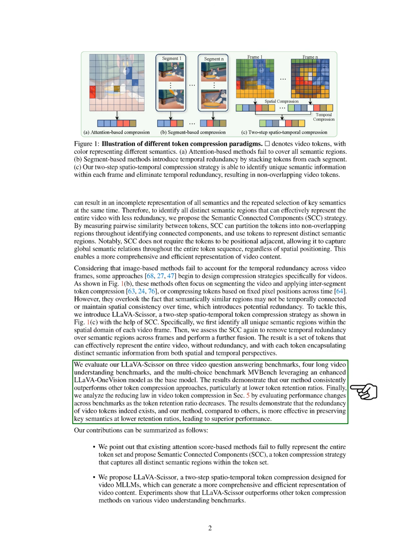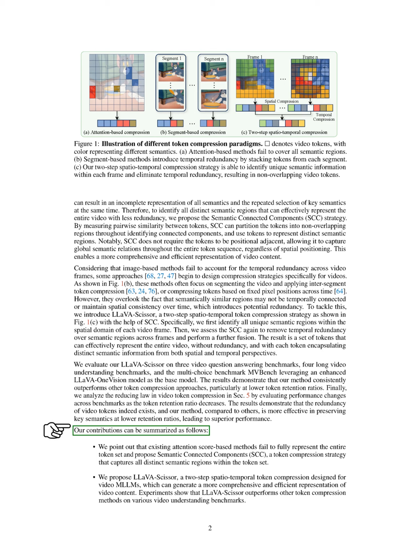We evaluate LLaVA-Scissor on various video question answering and understanding benchmarks, using the enhanced LLaVA-1 vision model as our base. Our results show that LLaVA-Scissor consistently outperforms other token compression methods, especially at lower token retention ratios. We also analyze how performance changes with different token retention ratios, confirming that video token redundancy exists and that our method is more effective at preserving key semantics, leading to better performance.